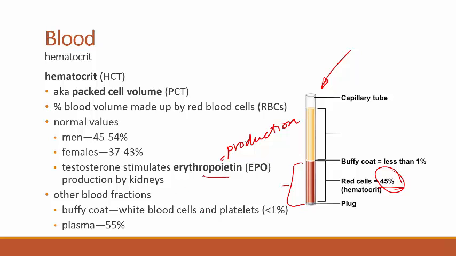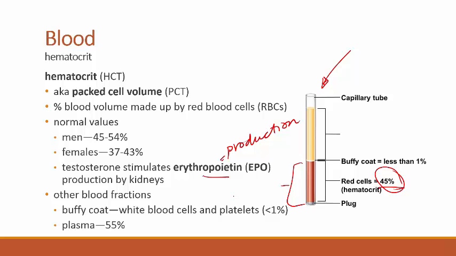When the kidneys notice that blood oxygen is getting a little low, they produce erythropoietin, and that tells the red bone marrow, hey, it's time for us to kick up the production of red blood cells. Because testosterone is like a big old push to the gas pedal for erythropoietin production, men produce more erythropoietin as a baseline, and so we have higher red blood cell counts than women do.